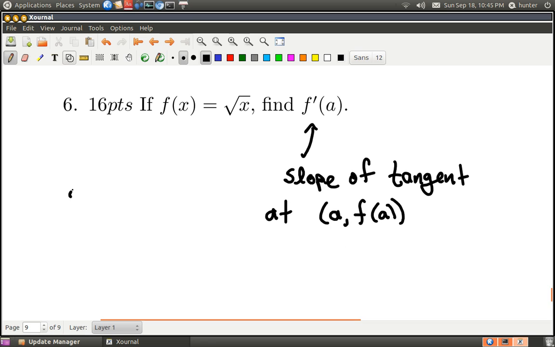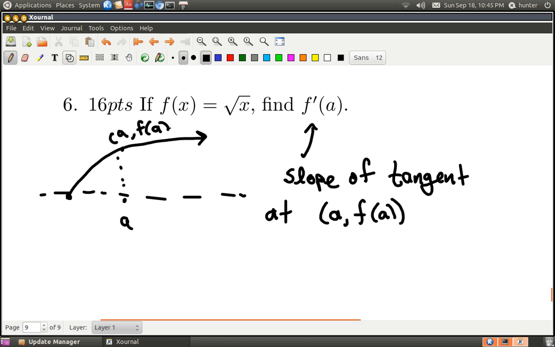This is kind of what f looks like, and we're taking some a on the x-axis and looking at the point above, a comma f of a. f prime of a is just shorthand for the slope of the tangent line through that point.